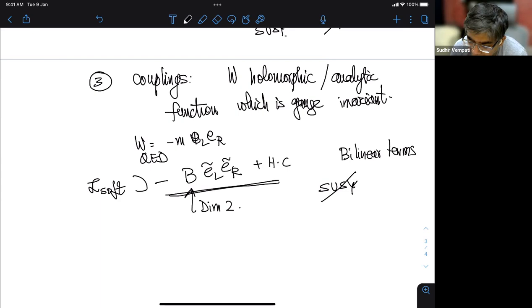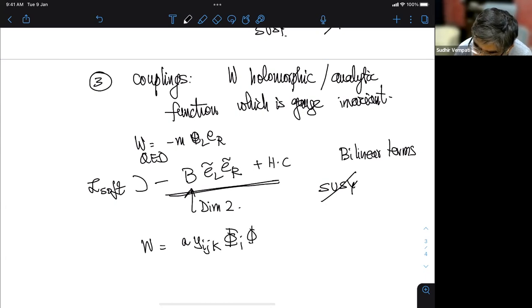So for the QED, you can write a similar thing if you have a Yukawa coupling. Say, for example, in some other theory, let's call it the Yukawa theory, there is a Yukawa coupling Yijk phi i phi j phi k in the superpotential.